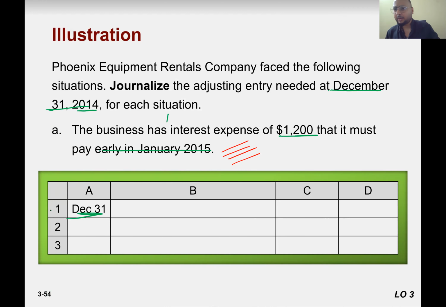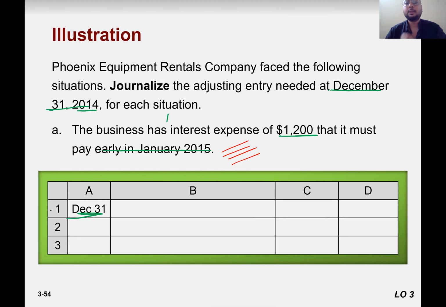Did you pay that one? No. But does this interest expense belong to 2015 or 2014? Remember our matching principle. An expense that belongs to 2014 should appear in the financial statements of 2014, right?